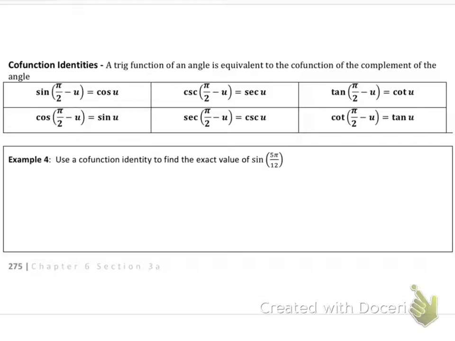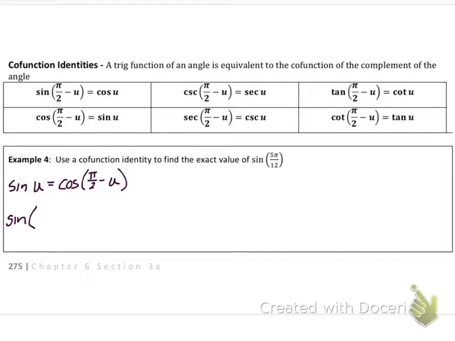so if I'm doing sine of 5 pi over 12, I'm going to write down that the sine of u equals the cosine of pi over 2 minus u. Well, I already know what u is.